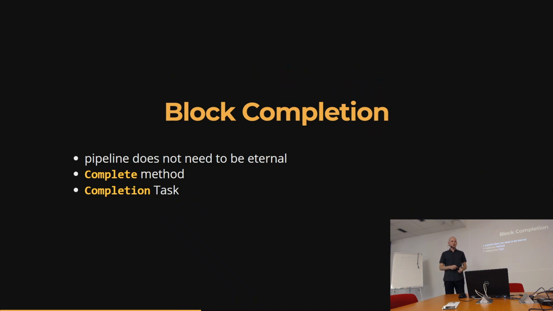It might also contain an exception, because in case there's a processing error or an uncaught exception, then this will be wrapped in an aggregate exception and set on the completion task, as is usual in the TPL, task parallel library.